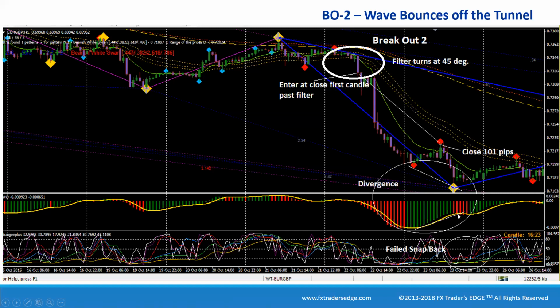And then he sees divergence here. This is called bar divergence. Bar divergence means that the histogram doesn't come all the way back up to the 0 line. If we went down to a smaller time frame, we would see proper divergence.